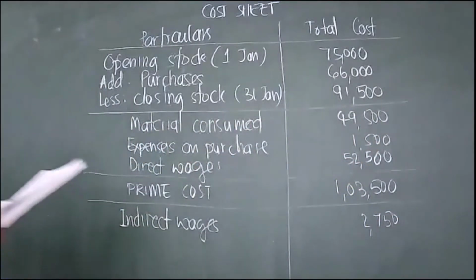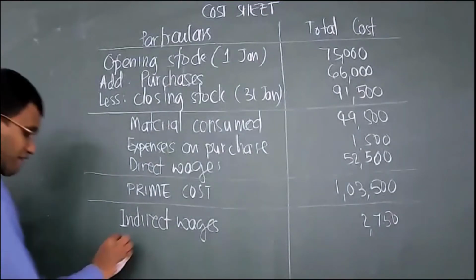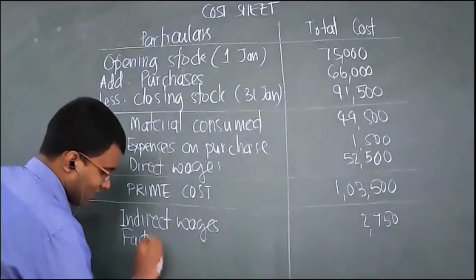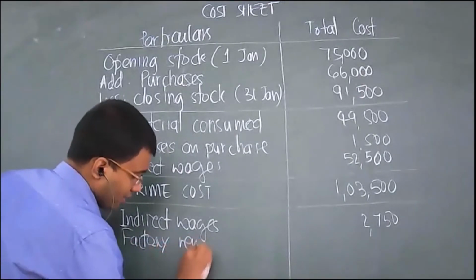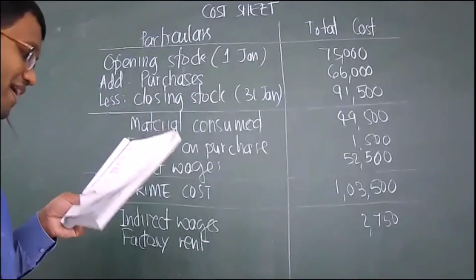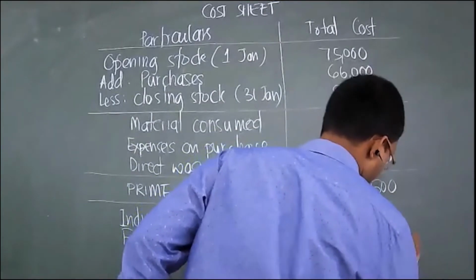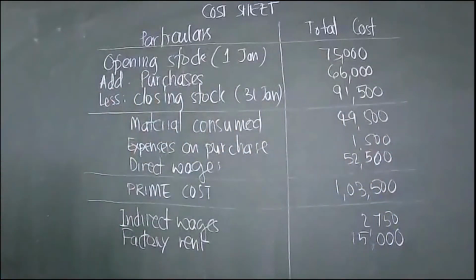Indirect wages is 2,750. Then we have factory rent. Factory rent is 15,000.